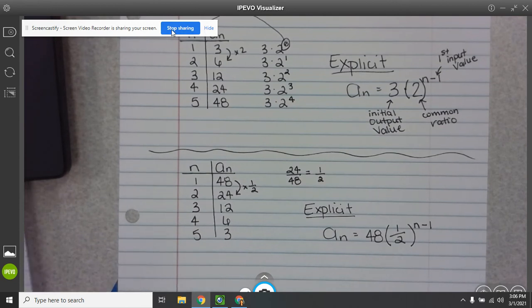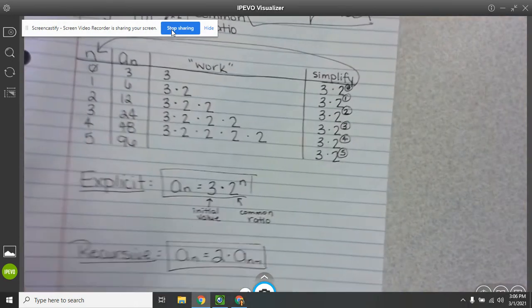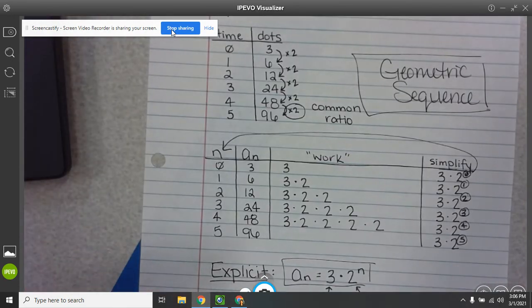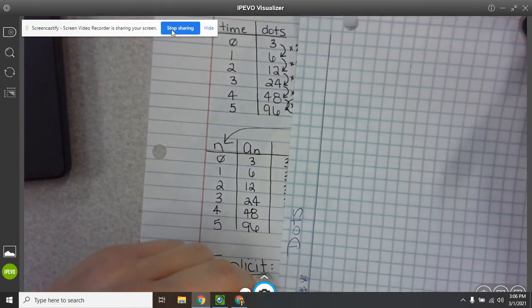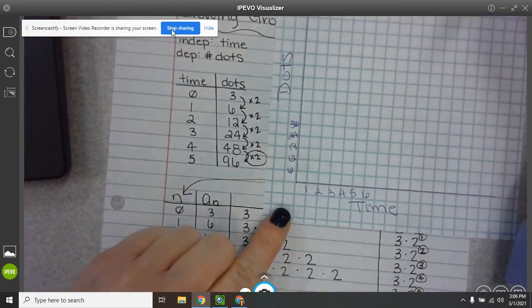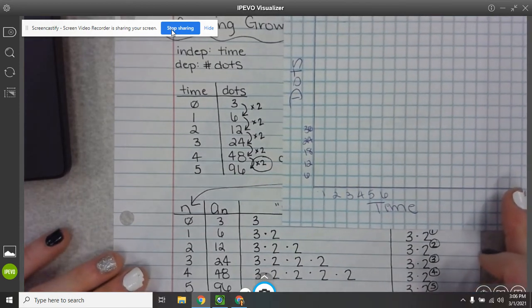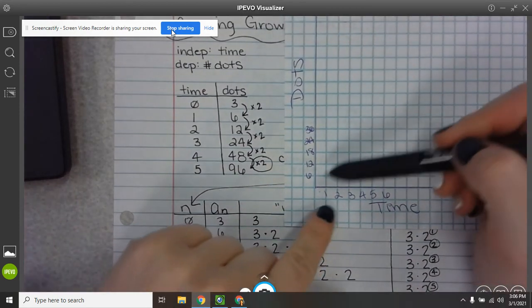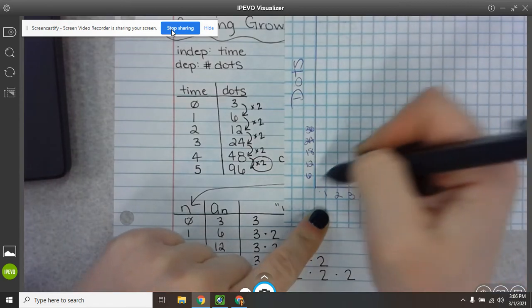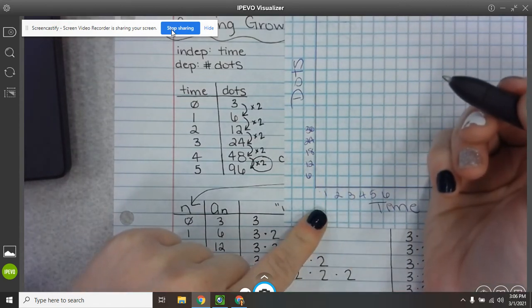Now, if we were going to look at this on a graph, I'm going to go back just to our original. Let's see if I can find my original table. So here's my original table. Now, if I graphed this, you'll notice I am counting by sixes.